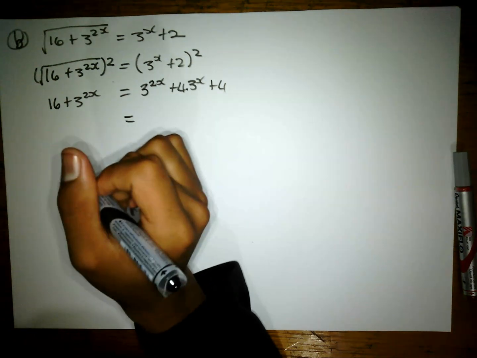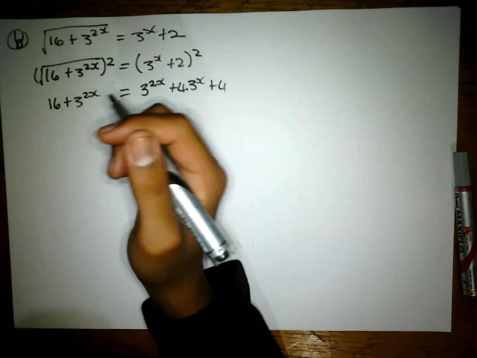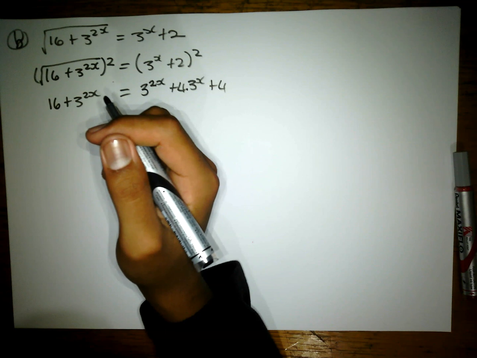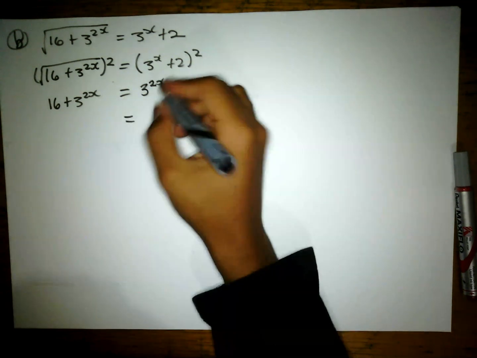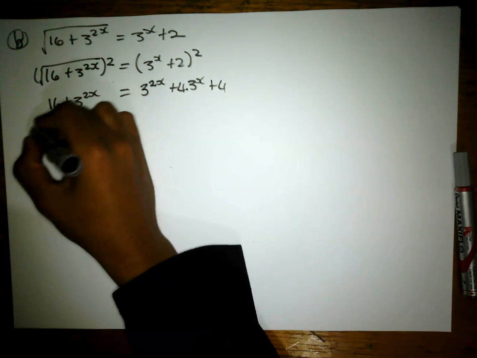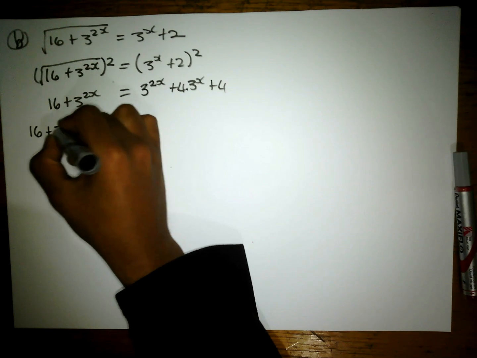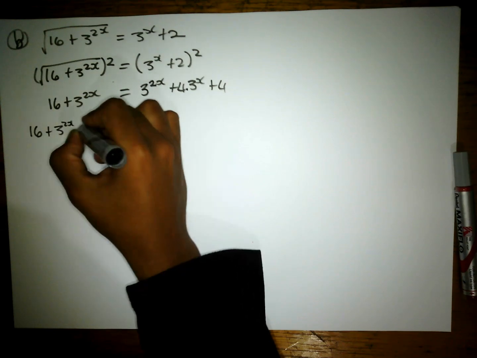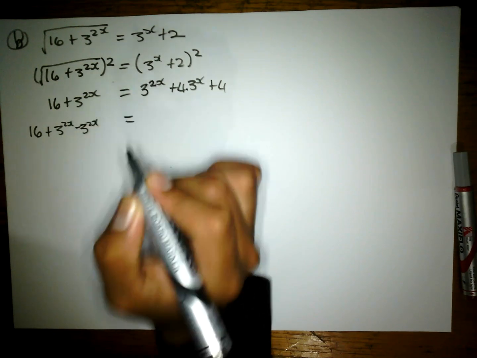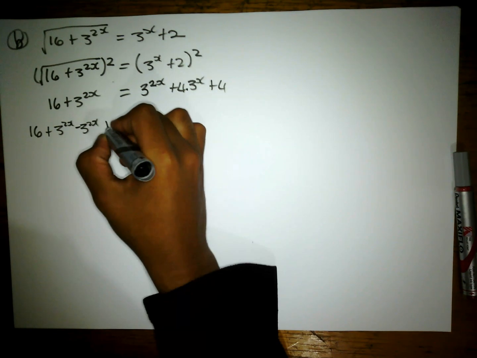All we do now is we move things over, and we keep this one. So we're going to have 16 plus 3 to the 2x minus 3 to the 2x minus 4.